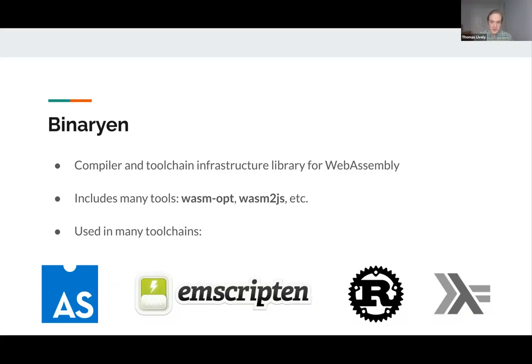And Binaryen is used in a whole bunch of toolchains. Rust uses it for last-minute optimizations. Emscripten uses it for a whole bunch of things, as we've seen. And AssemblyScript and another language called Grain and even Haskell use it. They link with it and use it as a compiler backend for doing all of their optimizations going to WebAssembly.